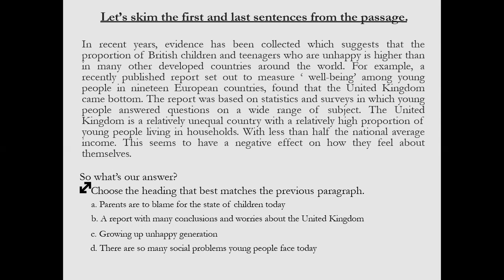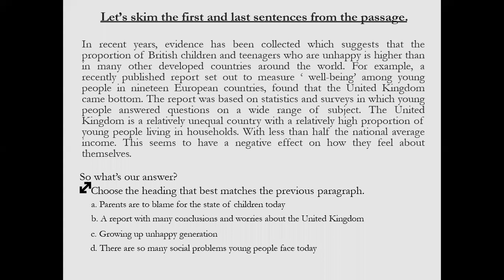Is there any such thing mentioned in the paragraph, in the passage? All right. No, Ariba is saying no. Okay. A report with many conclusions and worries about the United Kingdom.